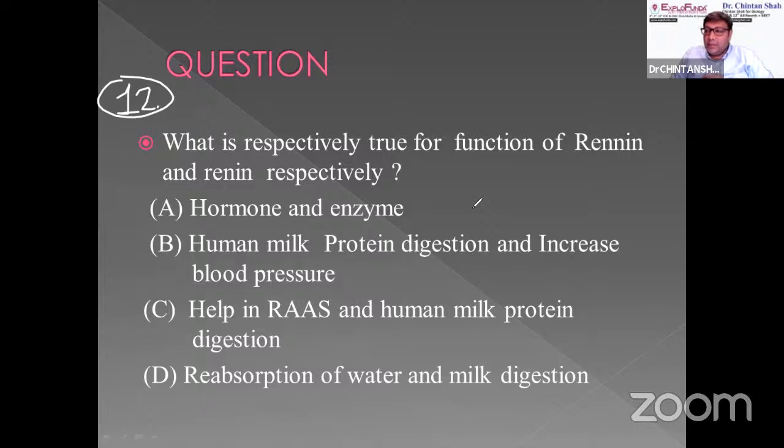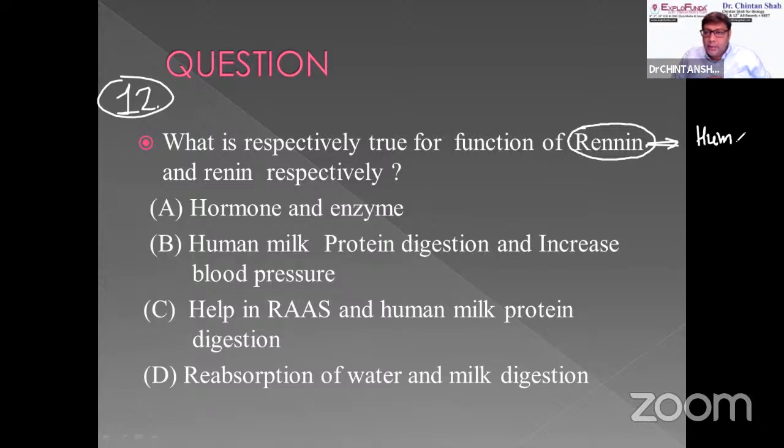So Heet Wagela, Shah Prarthana, and Ritu Patel had already given the answer. They are saying that when it is RENNIN, that is human milk protein digestion. Human milk protein digestion will be done by this.